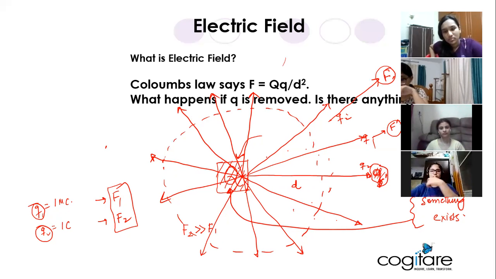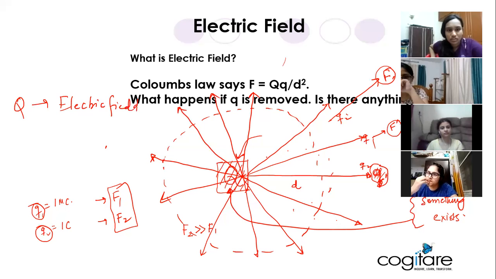So how do I categorize that? How do I explain? How do I quantify? What should I say is this electric field? Supposing I say electric field is E, how should I give an expression for that?